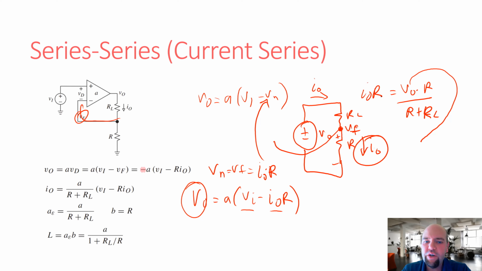So remassaging this equation, we get V out equals IO times R plus RL over R. So V out equals IO times R plus RL.